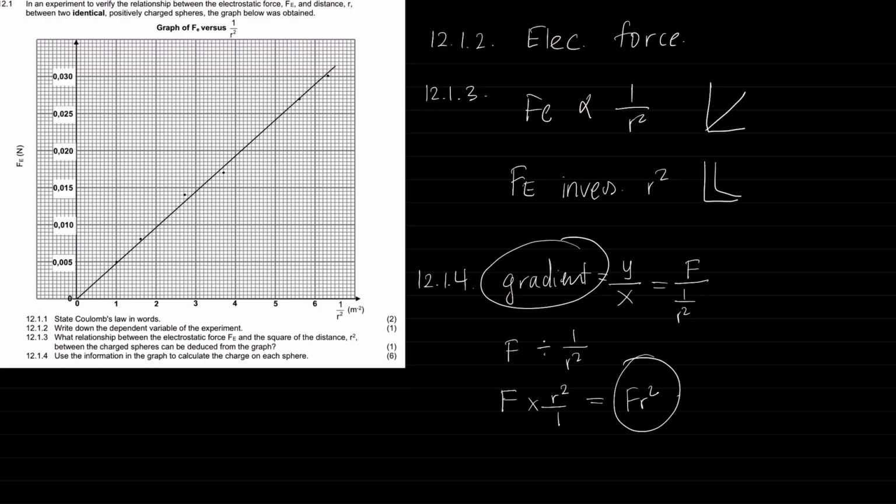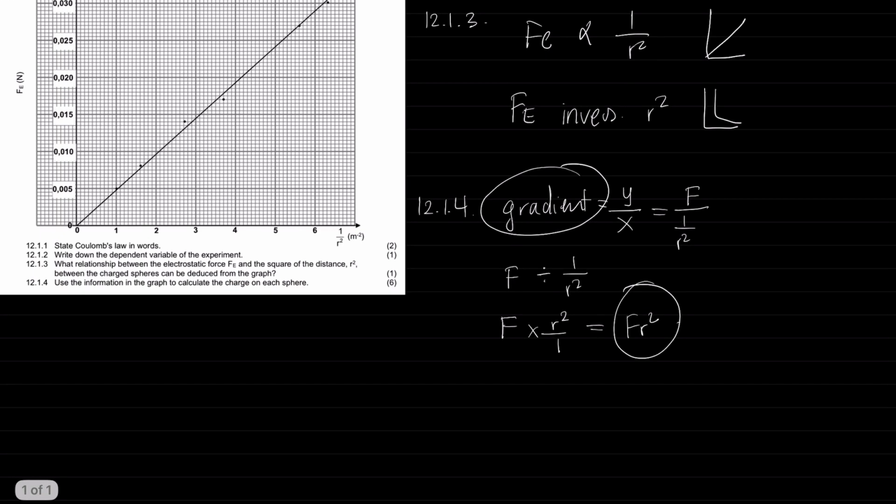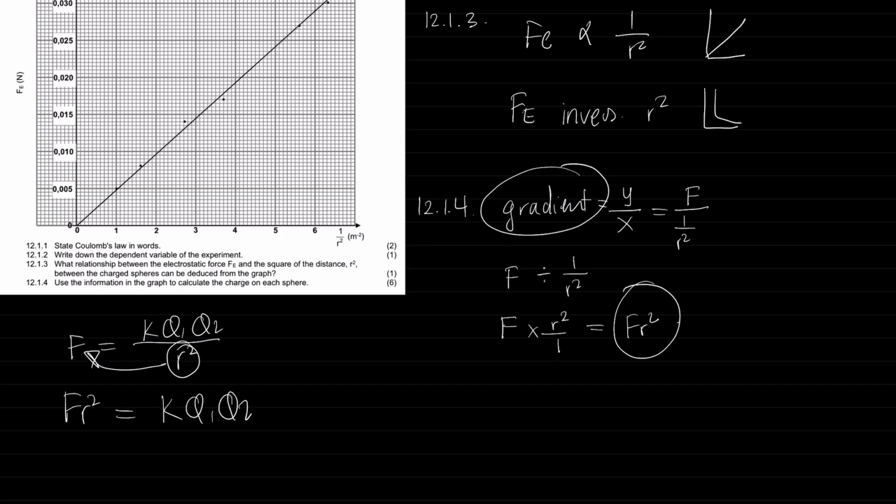Now, since this is a Coulomb's law question, let's look at the equation for Coulomb's law. So F is equal to K Q1 Q2 over r squared. Now, how do we get F r squared? Because that's our gradient. Well, if you take this across, you'll get F r squared is equal to K Q1 Q2.